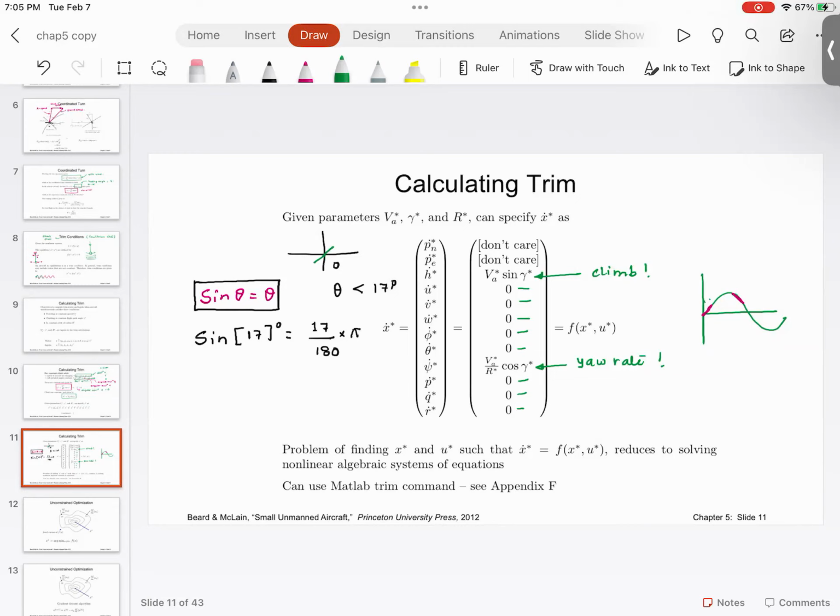Everyone understood this? That is the crux of linear control theory. That is the crux of pole placement.